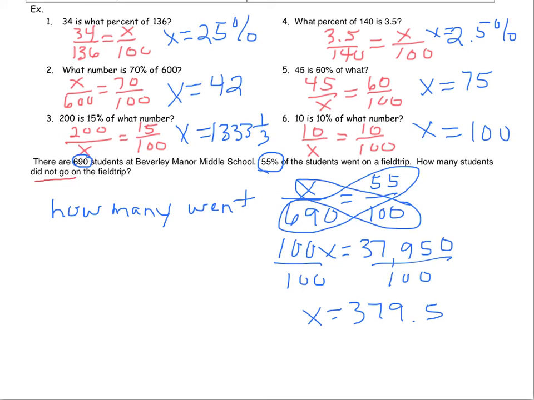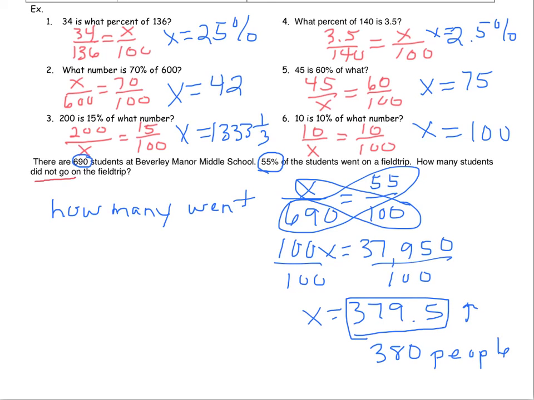Now, since we're talking about people and we can't have a part of a person, and if we're talking about buses, then we're going to go ahead and round up, because taking an extra person would determine our number of buses. So let's say we took 380 people.